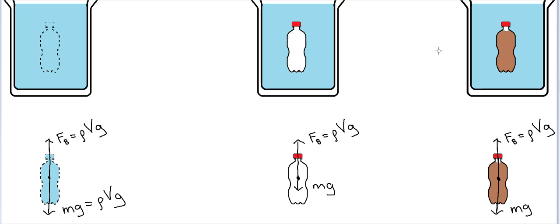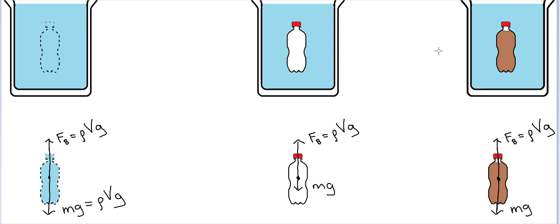And then you could slowly add water to it, or you could add sand to it, and you could find the point where it has neutral buoyancy, where if you leave it at a depth, it will just sit there as long as you pull your hand away slowly.